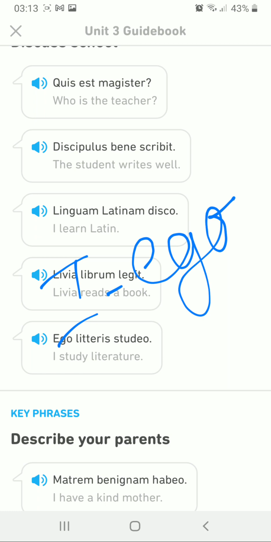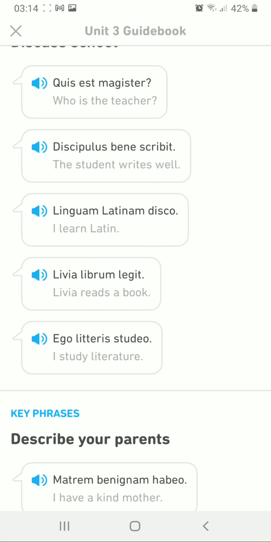But if you look at the verb here, disco, disco is the verb to learn conjugated to the first person singular, therefore ego, and we know that it's I.